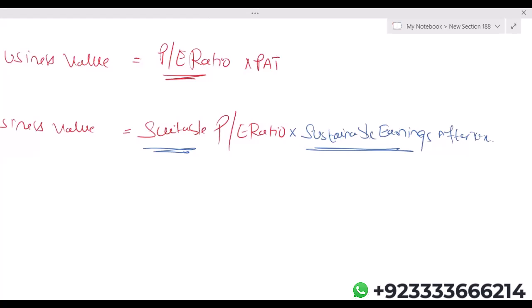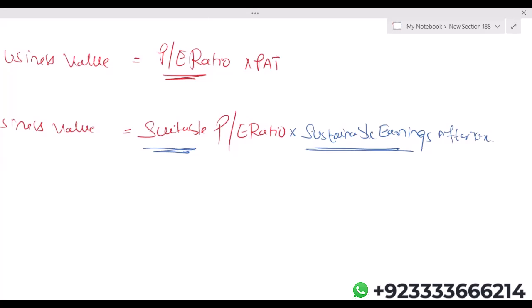So what we have to do, first of all, we have to see in the question, the examiner will give you a similar size listed company. Step 1, we will calculate similar size listed company's P ratio. Second point, P ratio actually shows confidence of the shareholders. So obviously, on listed companies, shareholders have more confidence as compared to private companies.